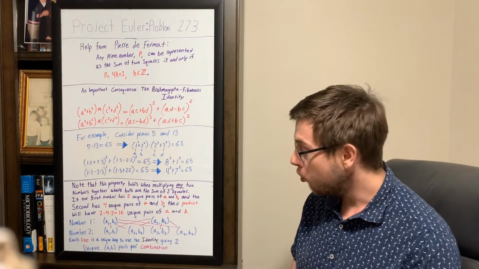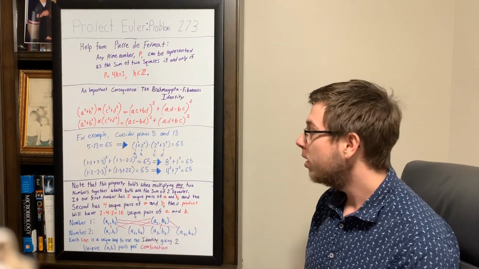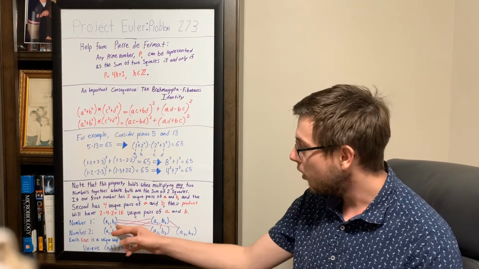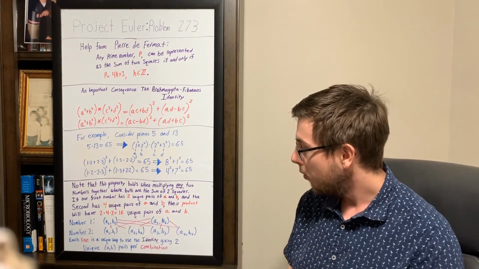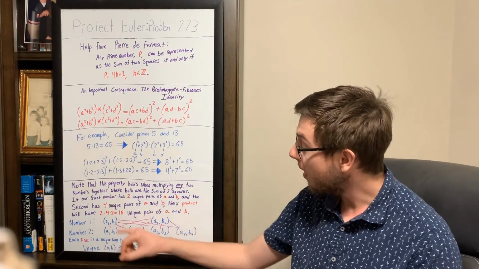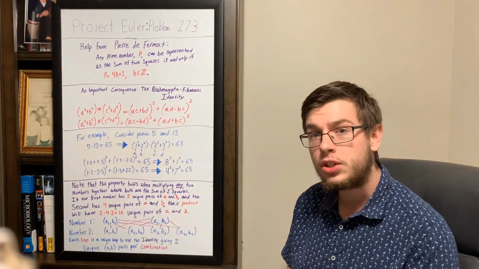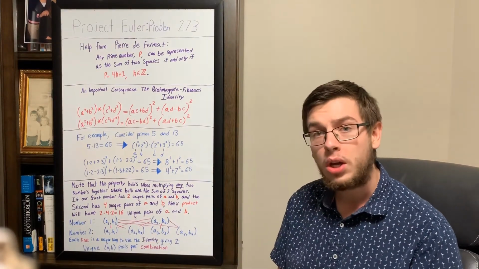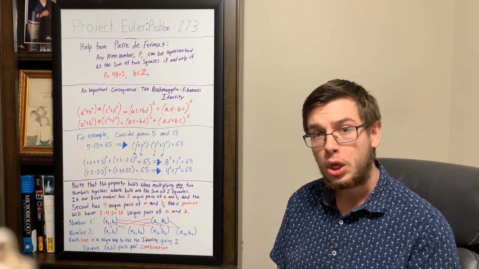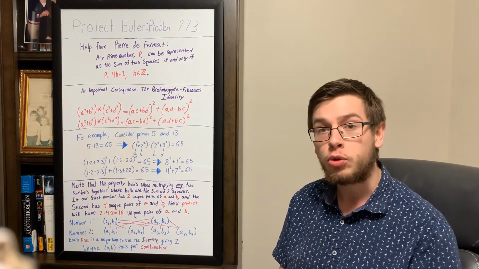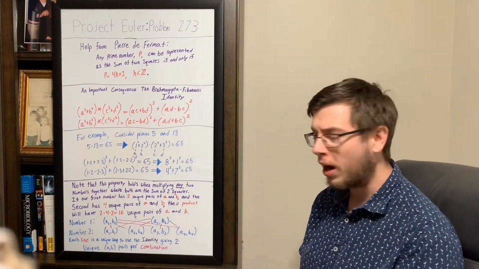So we'll get two unique pairs from each of these pink lines that connect a pair from the first number to a pair from the second number. This is going to be a useful way to think about some of the larger numbers that we're encountering when we multiply a lot of these prime numbers together.